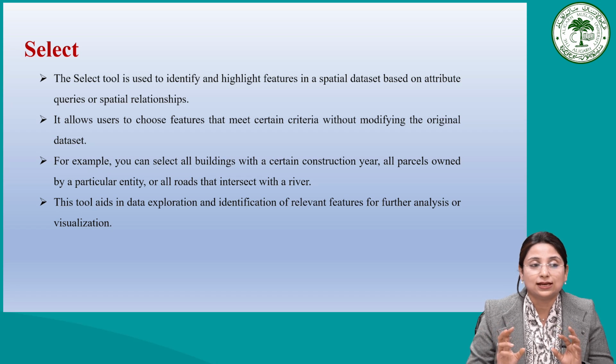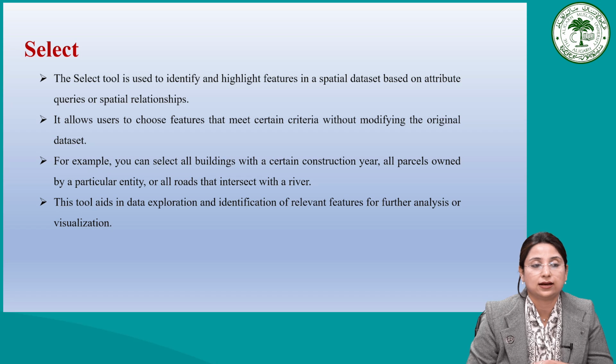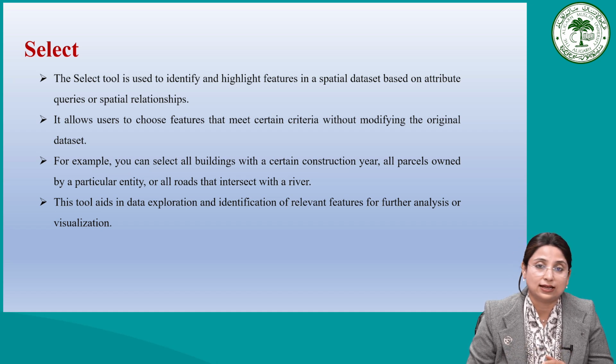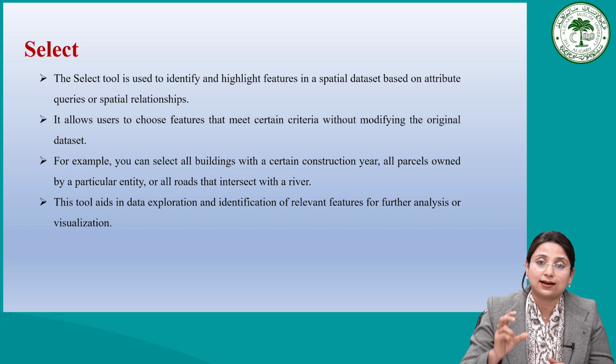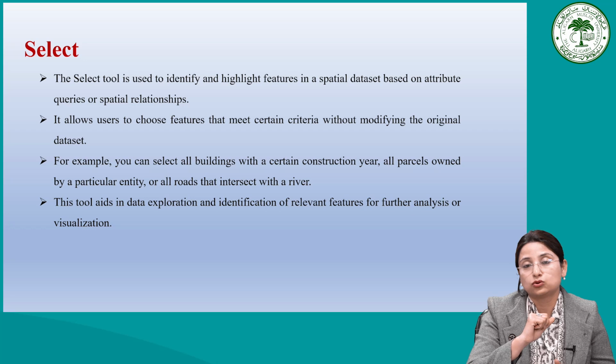So basically the select tool is simply used to identify and highlight the spatial data set according to the set criteria. We use this feature in order to meet the given criteria, whatever the criteria is. Like we have discussed, the criteria is that we are going to select the buildings that were built in 2003.